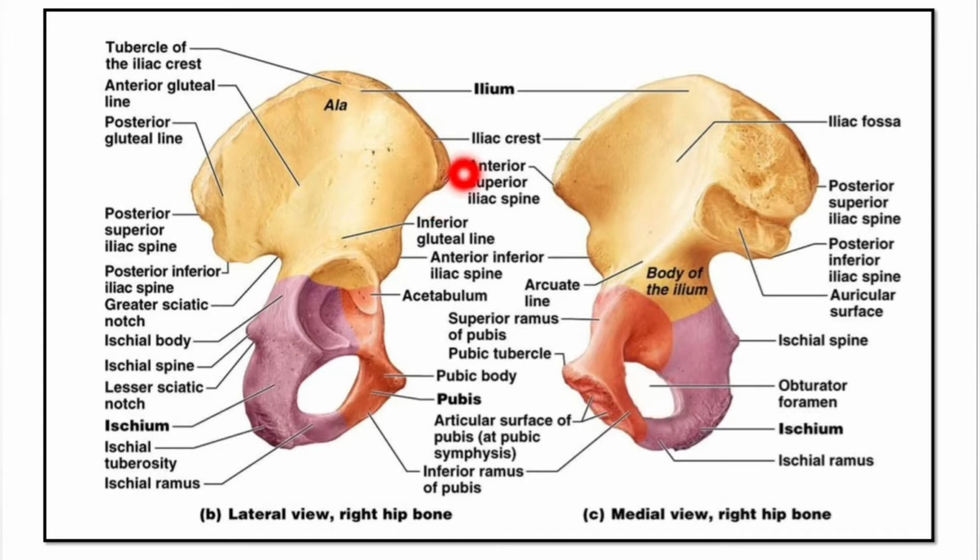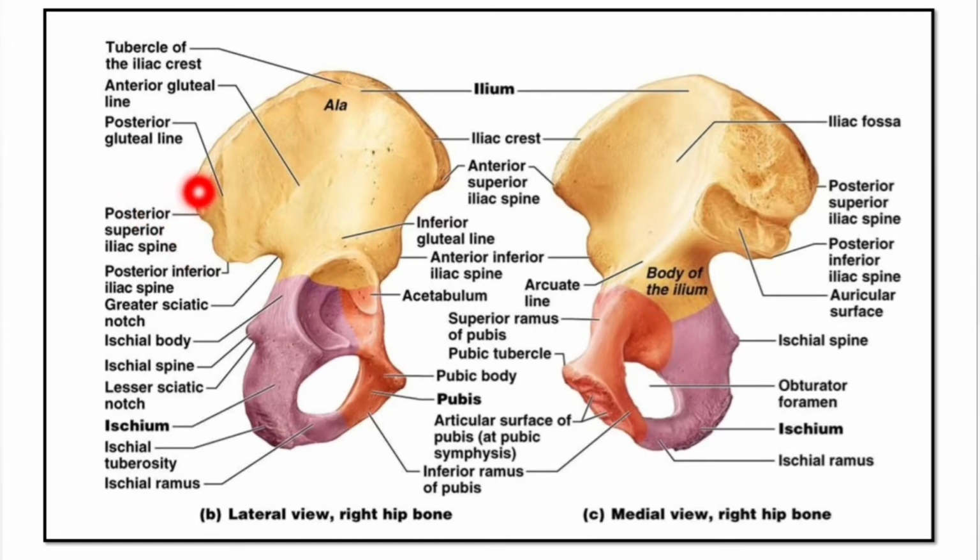Other features: here you find the anterior superior iliac spine and anterior inferior iliac spine, superior and inferior. And then you see the iliac crest, and this one is the tubercle of the iliac crest.